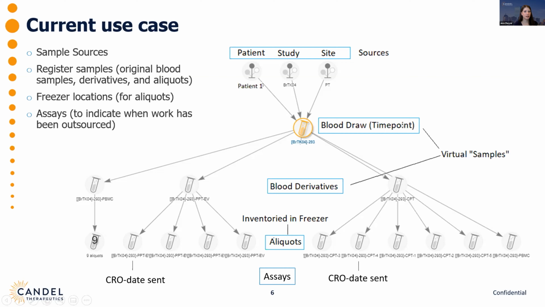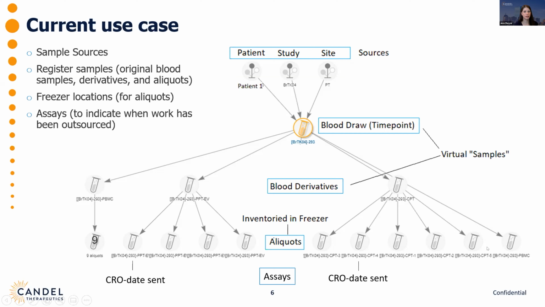From the blood draw, the site will immediately process the blood into plasma and Buffy coats, and then they also do the aliquoting immediately. So we decided to create these virtual samples for blood draw and processing, just to help connect the resulting aliquots to each other.